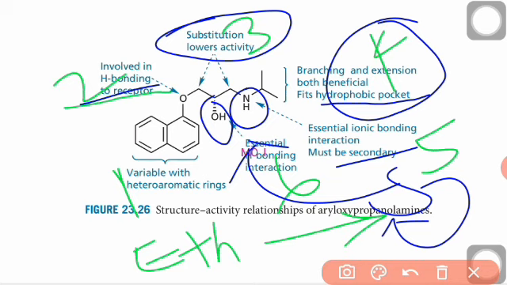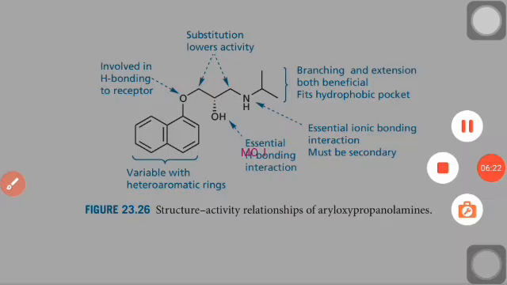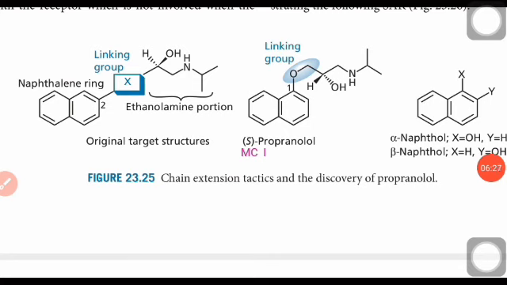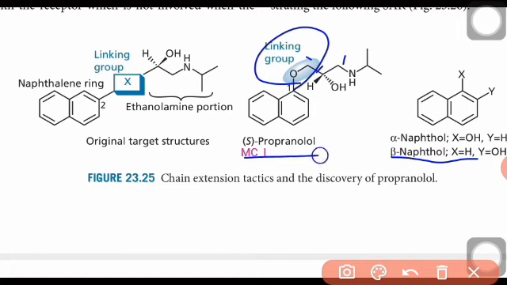With this information, we shall see the original structure, beta naphthol, beta phenylethylamine, but when the position is changed to alpha, you can have one carbon extra, and that brings about propranolol, the first beta blocker to be found.